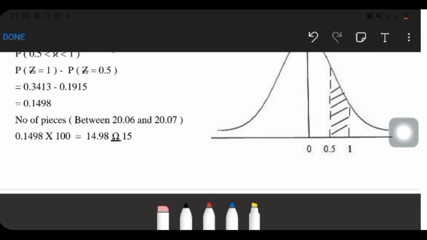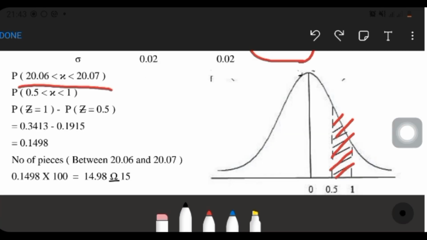Here we are asked the probability of the values 20.06 to 20.07. That means if we take it as z values, it is from 0.5 to 1. It means we need that area to be calculated.